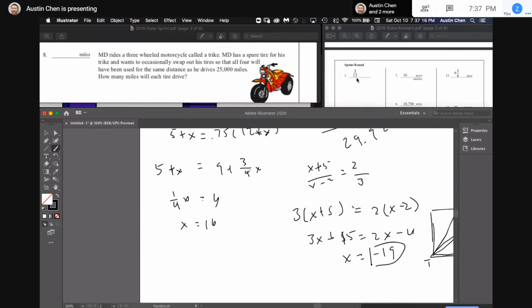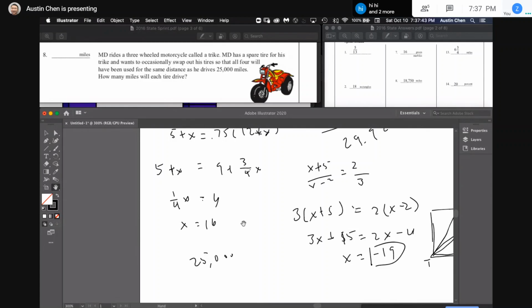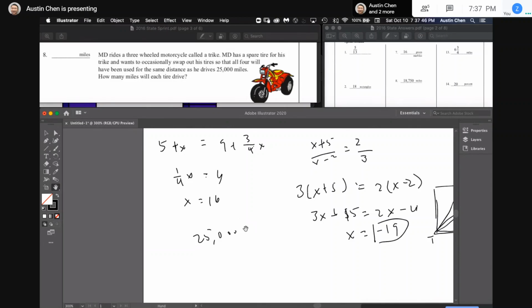Okay, number 8. MD rides a three-wheel motorcycle called a trike. MD has a spare tire for his trike and wants to occasionally swap out his tires so that all four will have been used for the same distance as he drives 25,000 miles. How many miles will each tire drive? So he's going to drive for 25,000 miles, and he has four tires, and all four tires are going to drive the same mile amount, and three tires are driving at the same time.